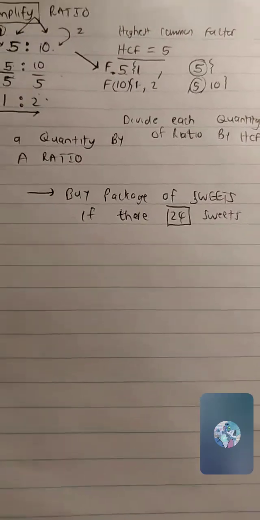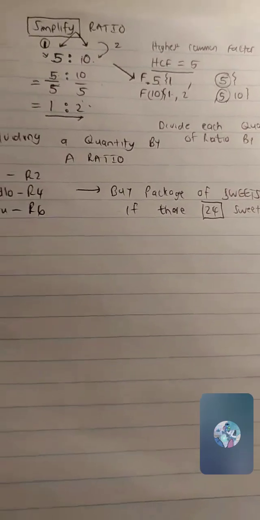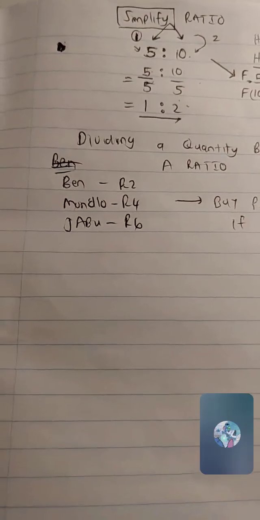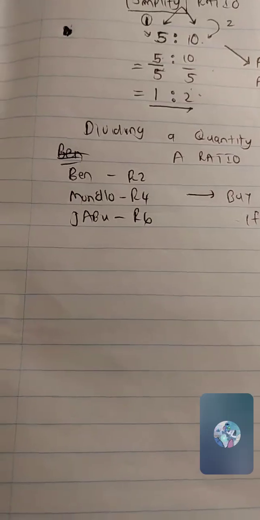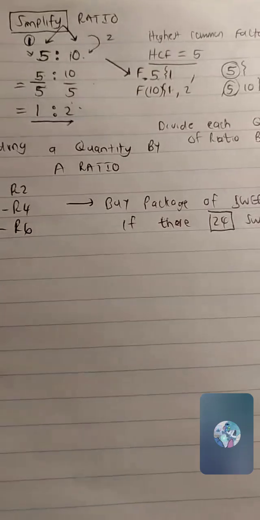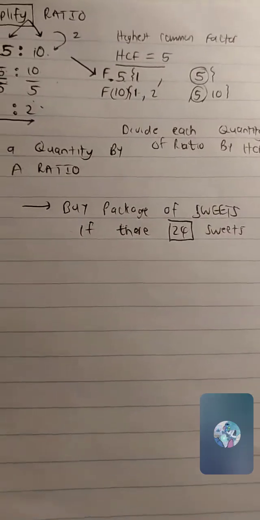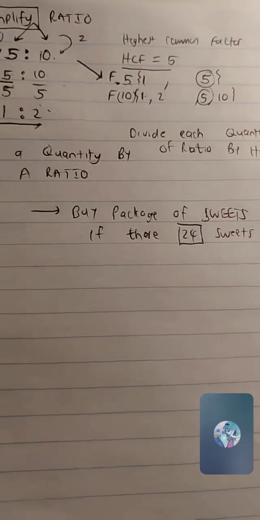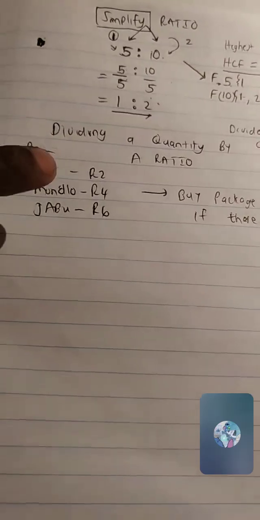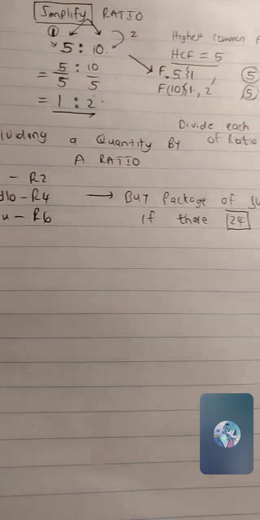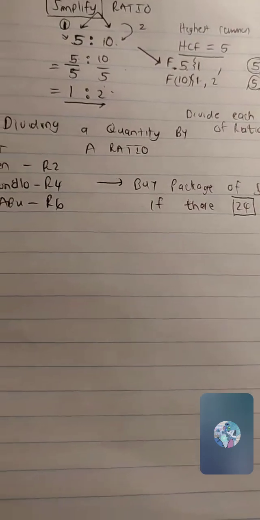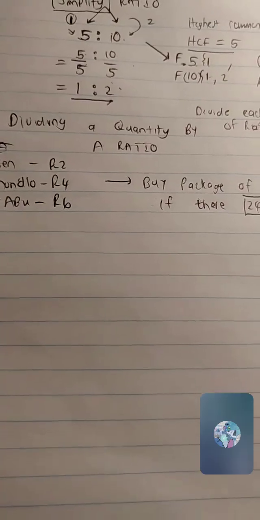So there we have Ben with 2 rand, Mondlo with 4 rand, and Jabu with 6 rand. They want us to establish how many sweets each person will get if there are 24 sweets in total.